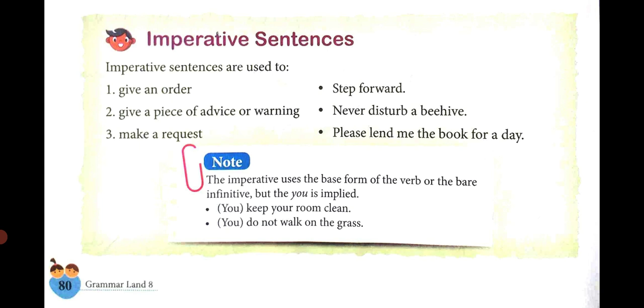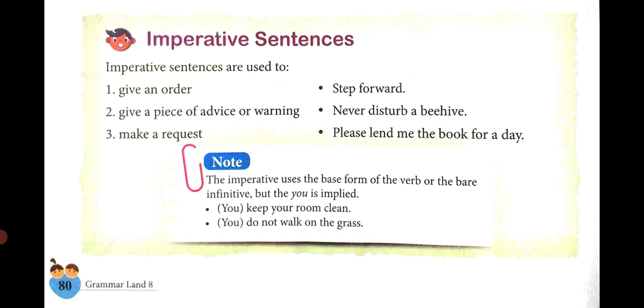Next come imperative sentences. As I have told you, imperative sentences are the sentences that are used to express request, command, advice, suggestions, instructions and orders.